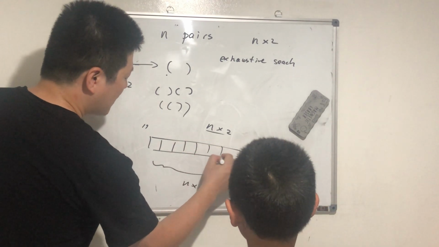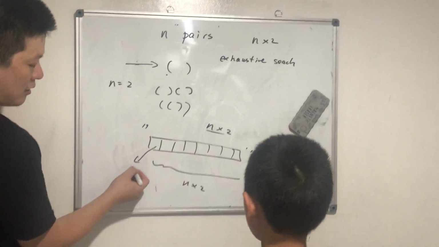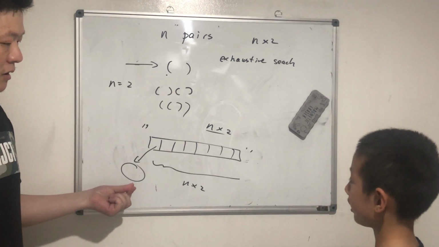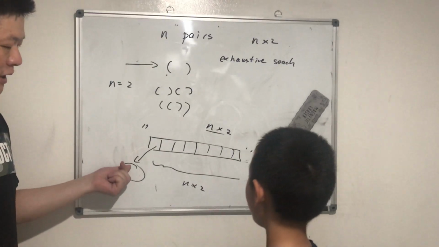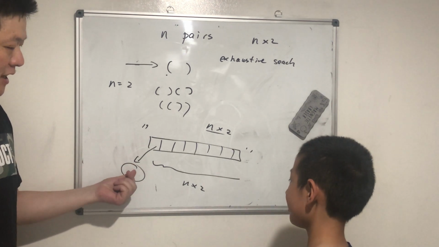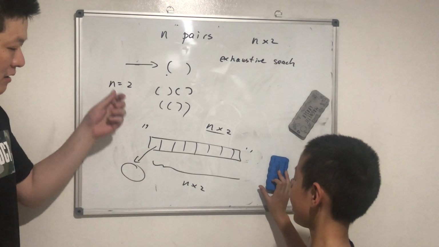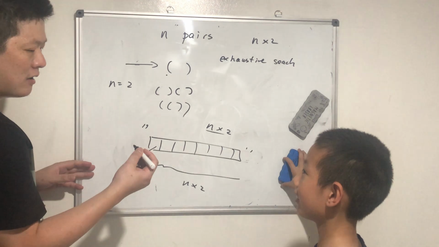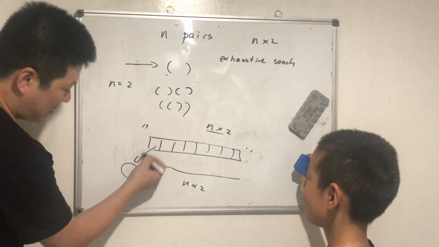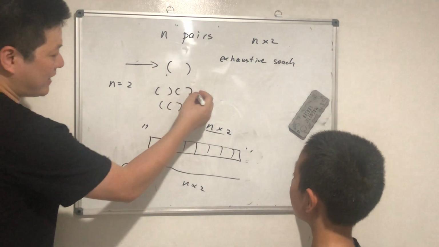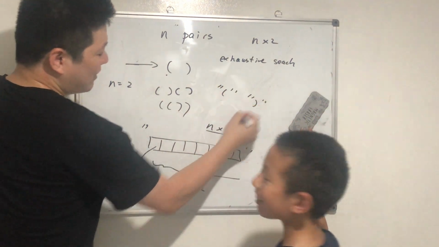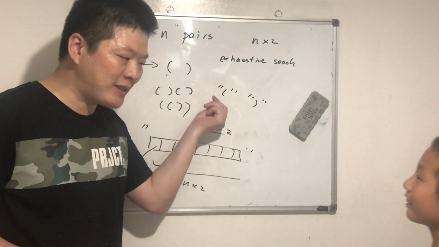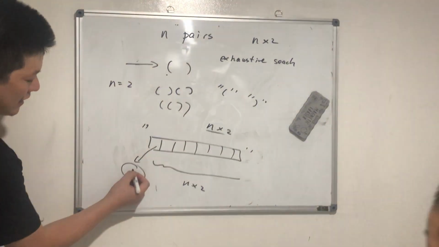For each one, how many possibilities? 2, right. What are those 2? Opening parenthesis or closing parenthesis. Each position has two possibilities.